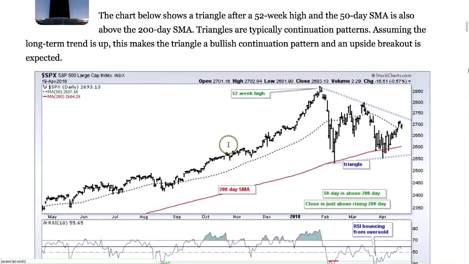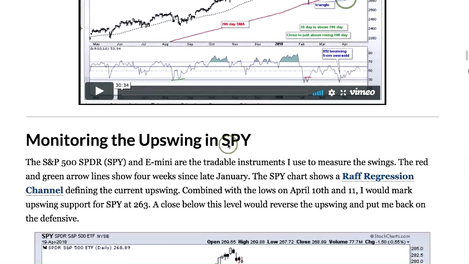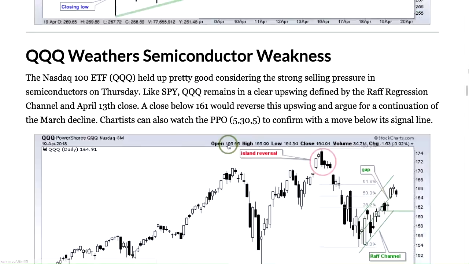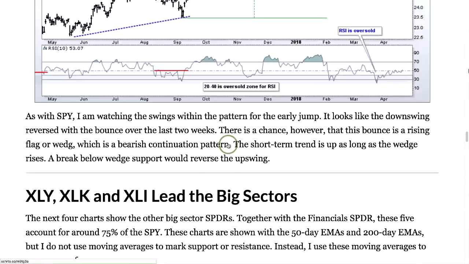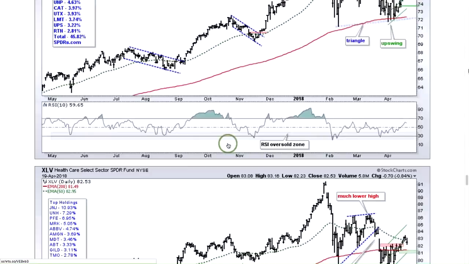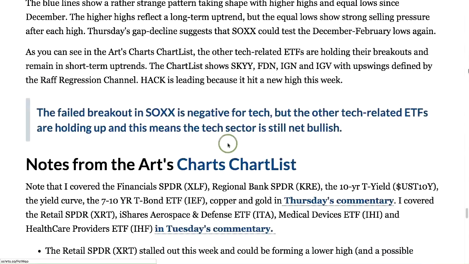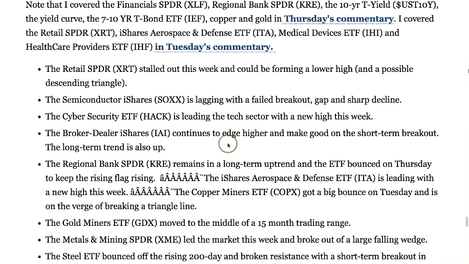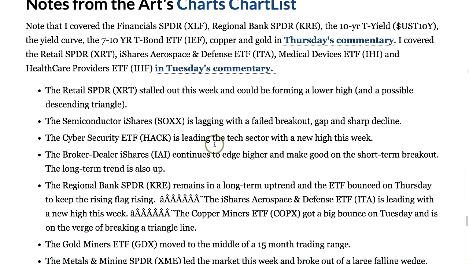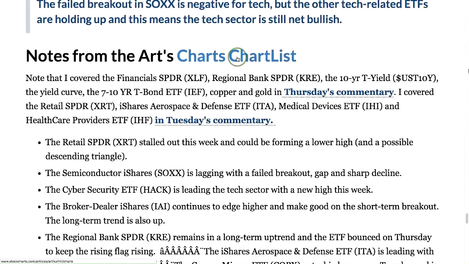And the link is usually at the bottom because I also put notes in on specific ETFs. There are 30 ETFs in this chart list. And so you can see I've made some notes on these particular ETFs. And the title is linked to the ArchCharts chart list.